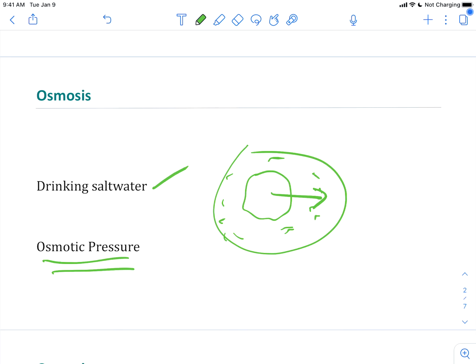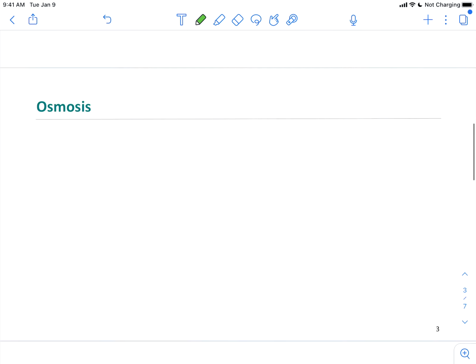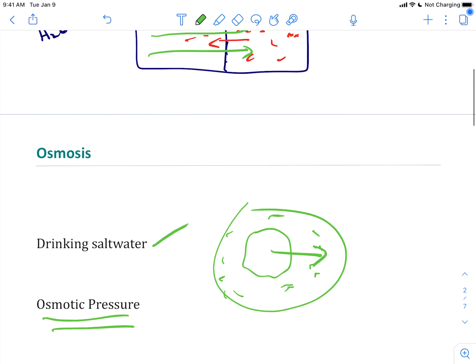And your cells will shrivel up and die. So you're better off not drinking than drinking salt water. We'll talk more about that in class. I did have a blank slide here for drawing all this. I forgot. But that's osmosis.